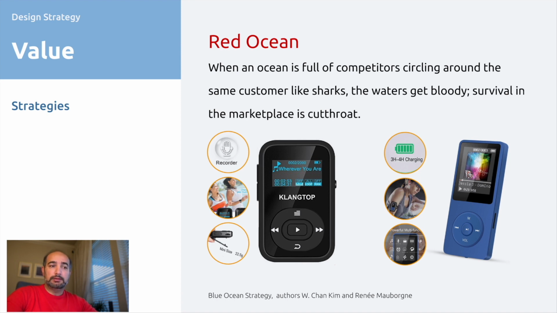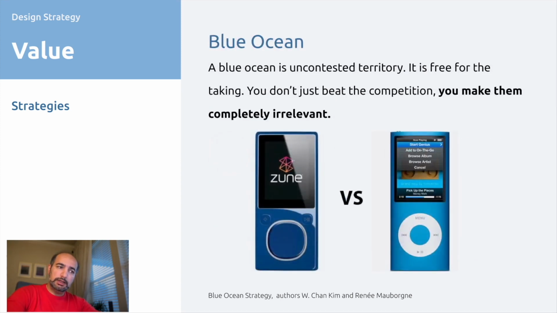The water gets bloody and surviving this marketplace is cutthroat. What's blue ocean? Blue ocean is uncontested territory. It is free for the taking. You don't just beat the competition, you make them completely irrelevant.